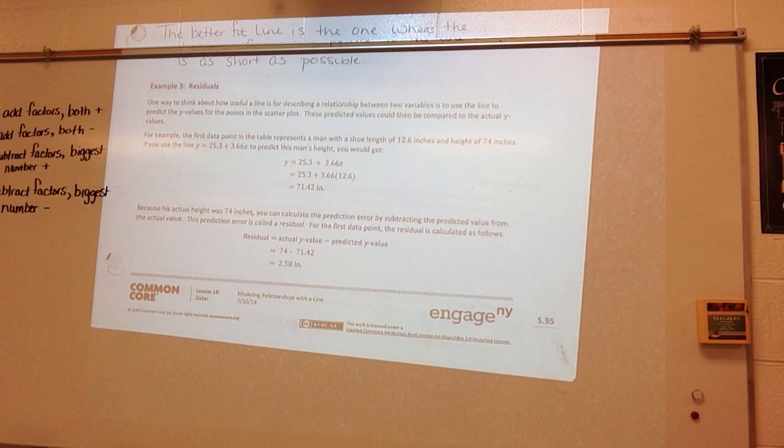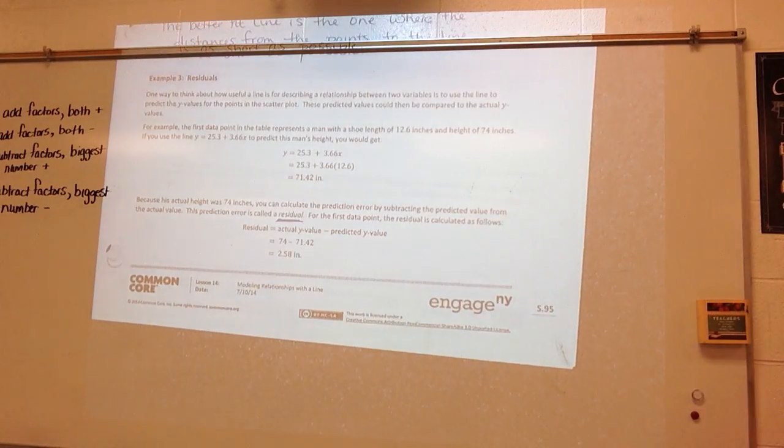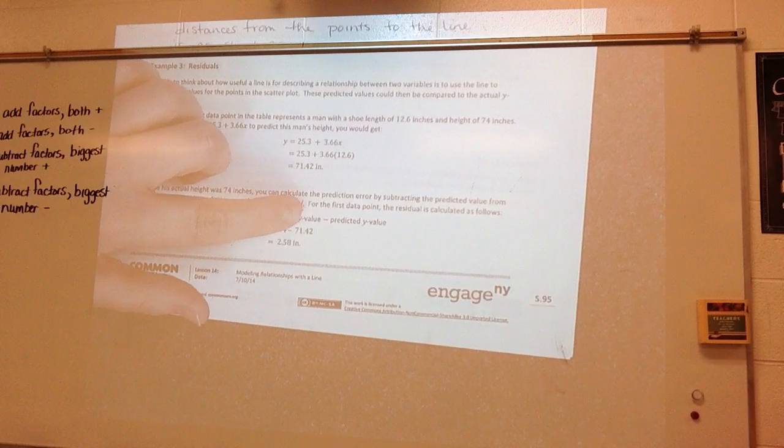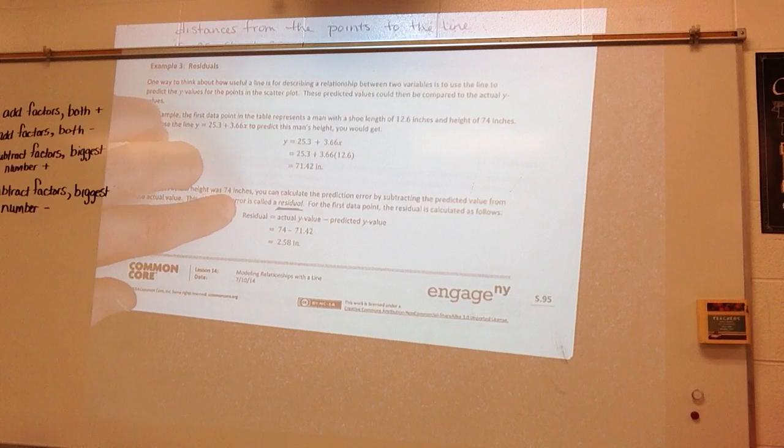Because his actual height is 74 inches, you can calculate the prediction error by subtracting the predicted value from the actual value. This prediction error is called our residual. For the first data point, the residual is calculated as follows. The residual is equal to the actual y value minus the predicted y value.